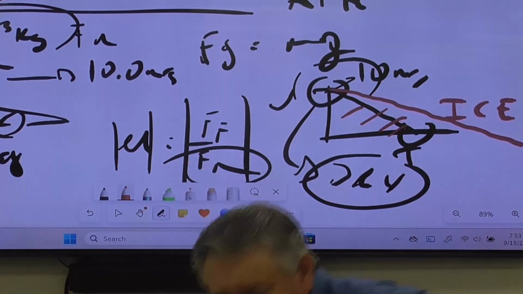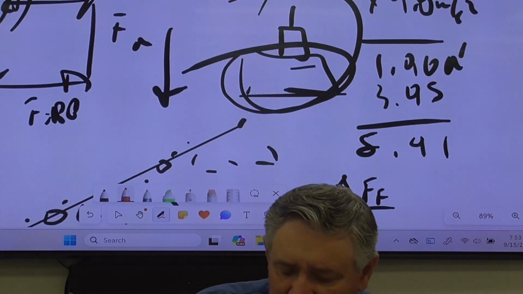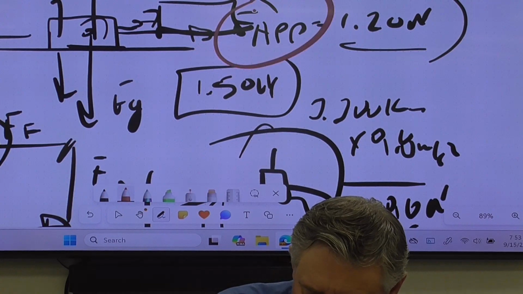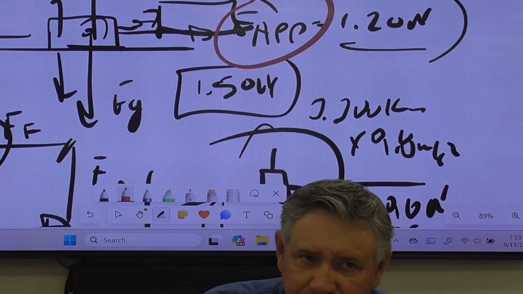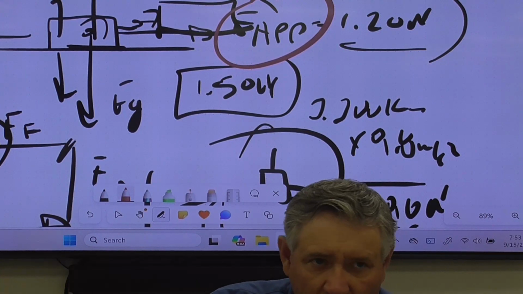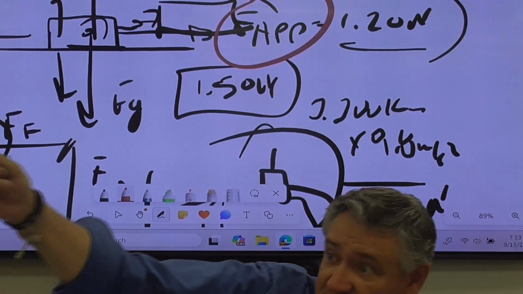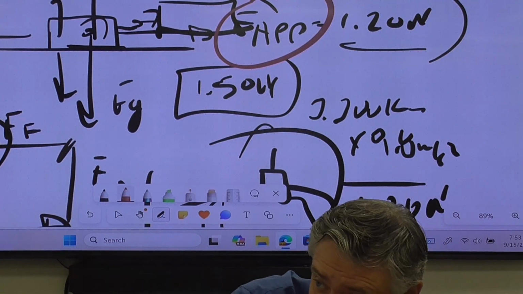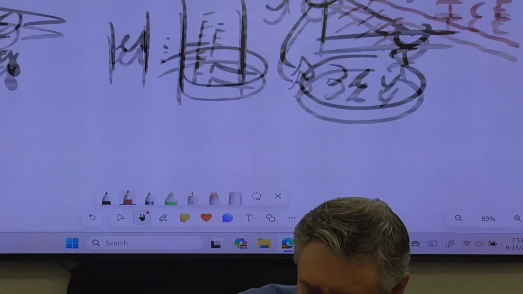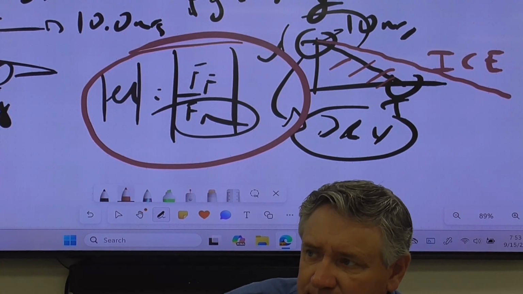Okay? So here's what I want you to see. At the beginning of the lab, how did you all find the force friction? We pulled it and measured the force applied, which is balancing out the force friction. On problem number 7, how did you find the force friction?